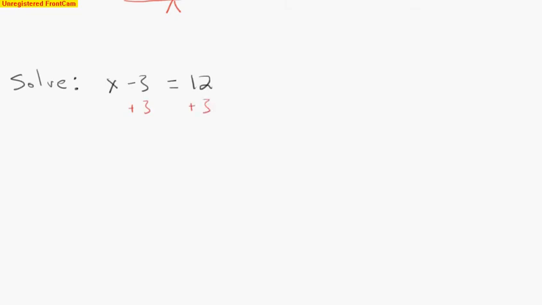Oops, got a little carried away there. So, I know we've been doing this before. We've now got x equals 15. The beauty of equations, we can go back in and plug it in to see if it's true. Our original equation was x minus 3 equals 12. Does 15 solve that? Is 15 minus 3 12? Yes, it is. We know we did it right.